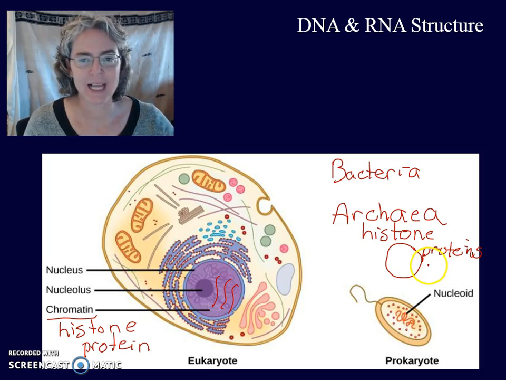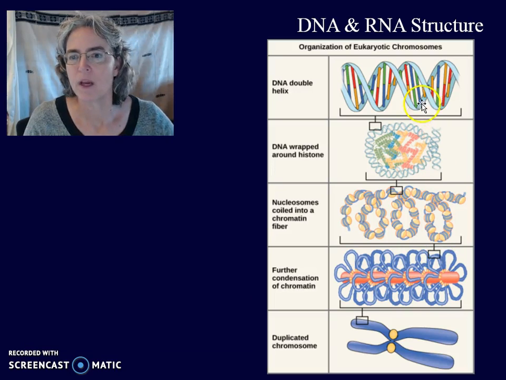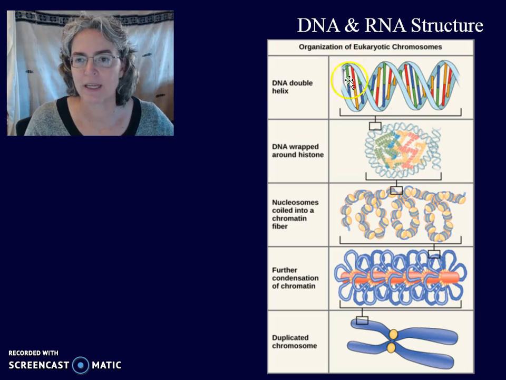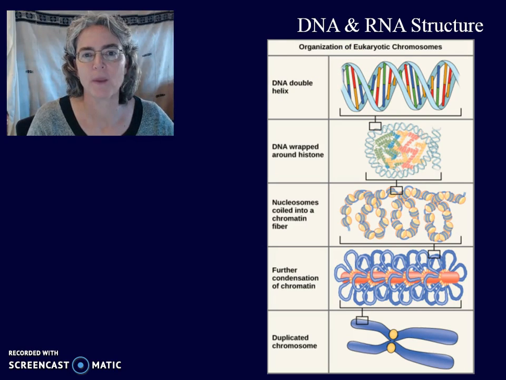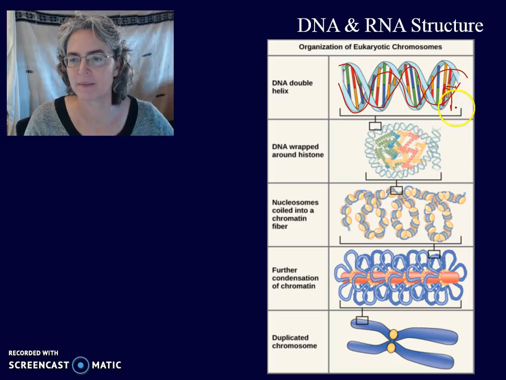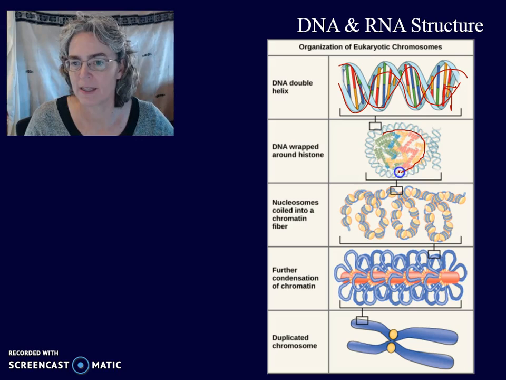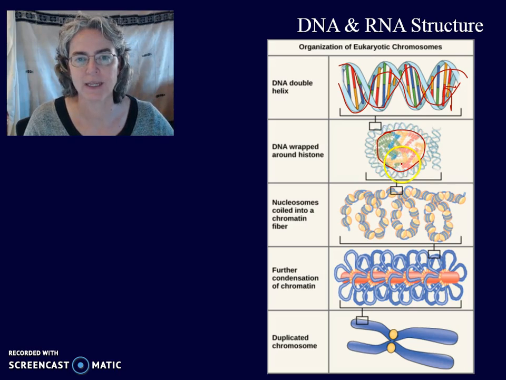So let's take a look. What does that look like, having DNA wrapped up? So here's our DNA, and it's in a double helix. So remember we've got our 2 strands of nucleic acids that are attached together with these hydrogen bonds. So that DNA molecule then gets wrapped around this histone protein.